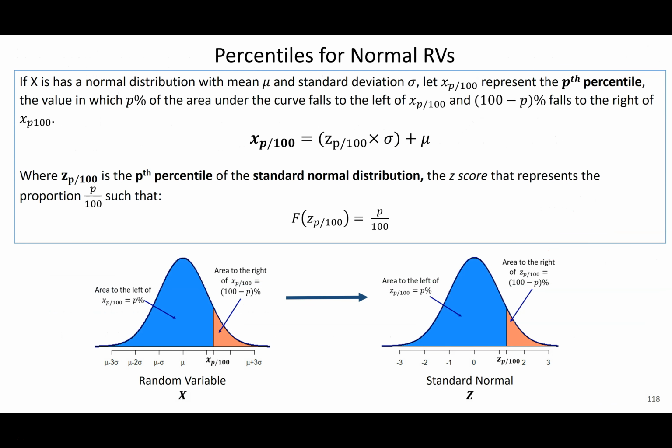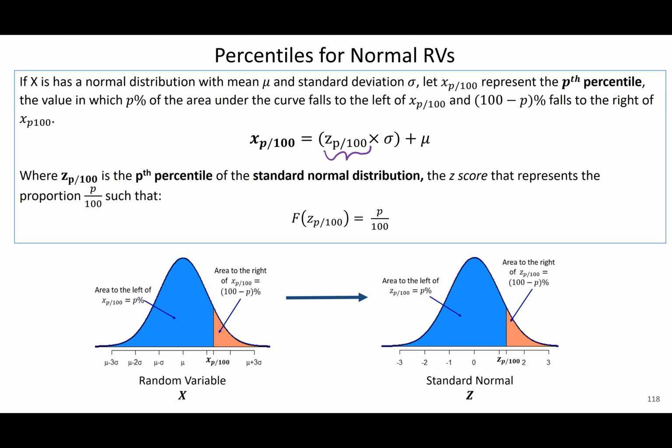So I did hint at percentiles for Ginny and their IQ. This is going to be similar to before, where we want to find the value. Maybe we want to find the speed of a car at whatever percentile. So what you do is you find the z-score associated with that percentile.